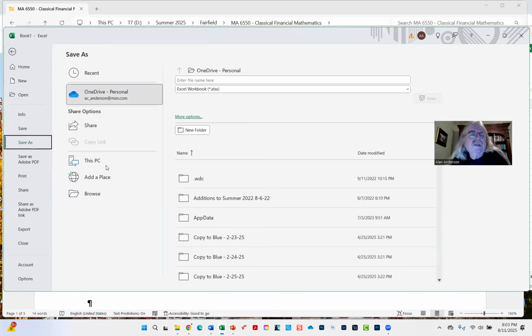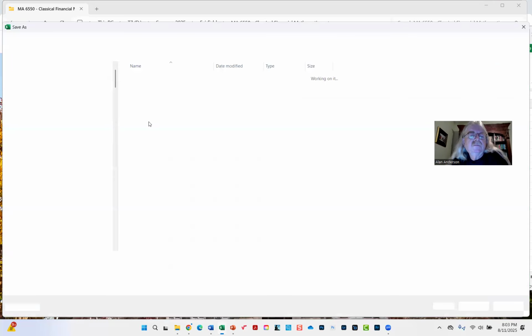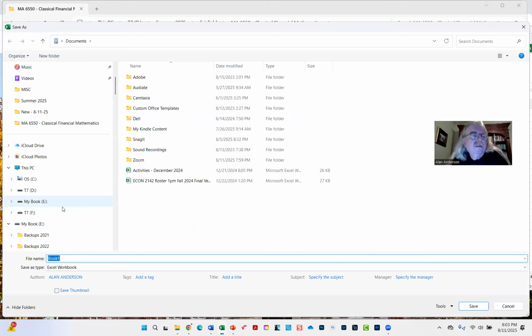I just want to illustrate how this works. So I could call it, let's say, new. And if you notice, it says Excel workbook, of course, fine, that's a standard default type.